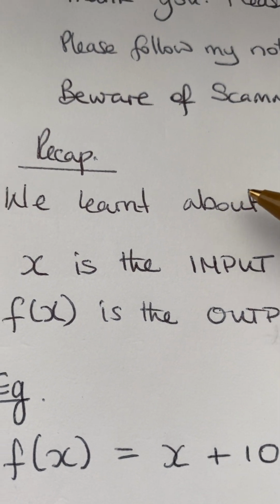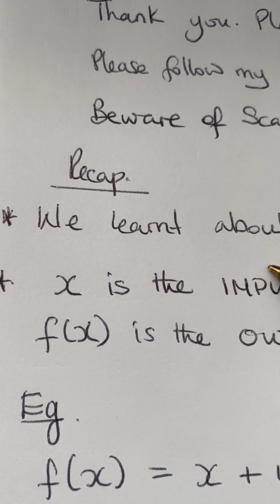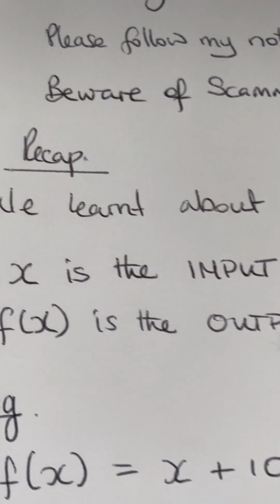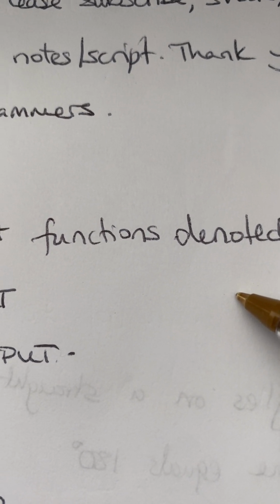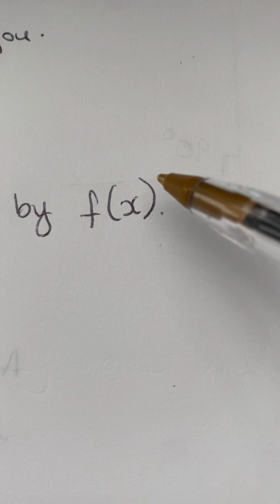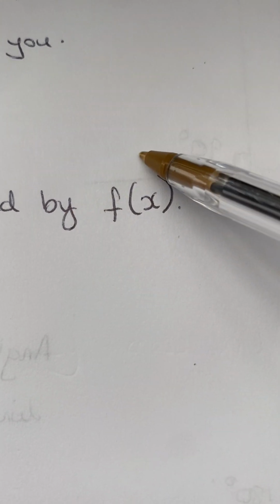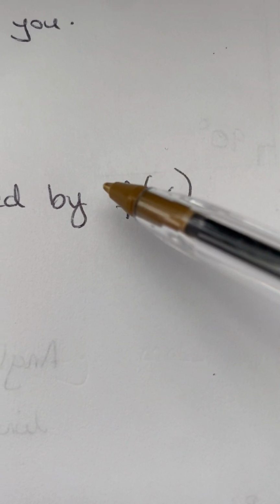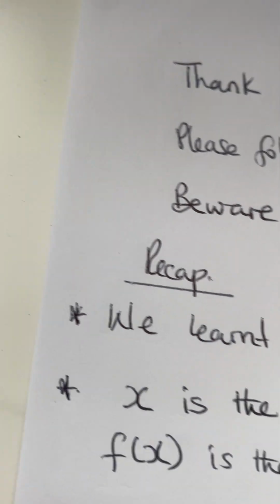Now, recap. We've been learning about functions, and we denote them by f of x. It's like an operation or a machine. So x is our input.